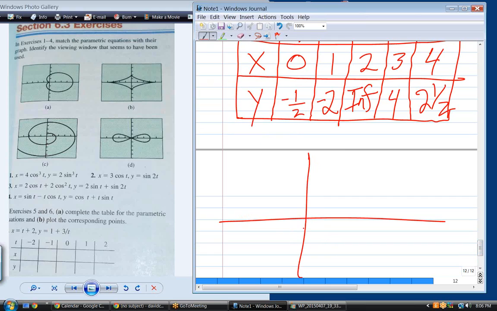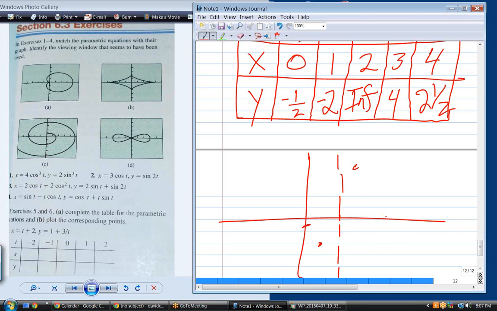When x is 0, y is minus 1/2, right there. With me? When x is 1, y is minus 2, right there. When x is 2, y is infinity, that means there's an asymptote there. Y is infinite. When x is 3, y is 4.